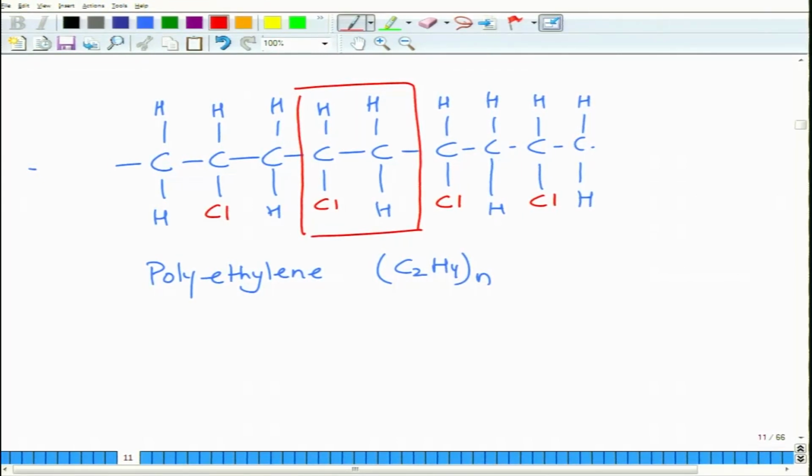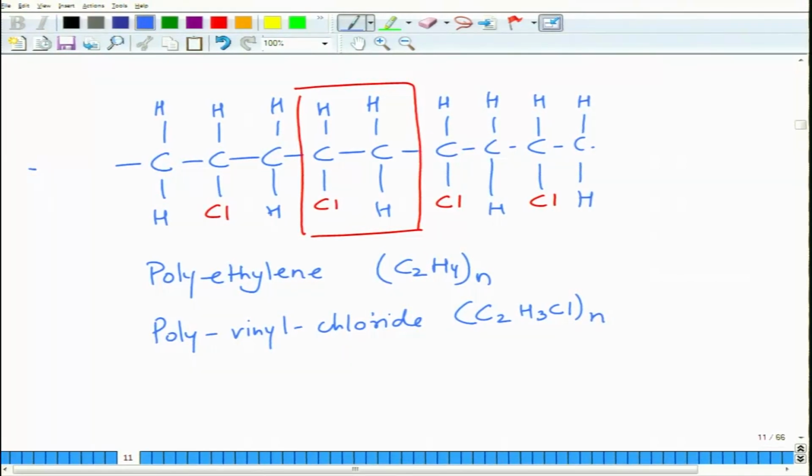So this is polyethylene, which is nothing but C2H4 n. This makes what we call polyvinyl chloride. So, basically it is C2H3Cl n.